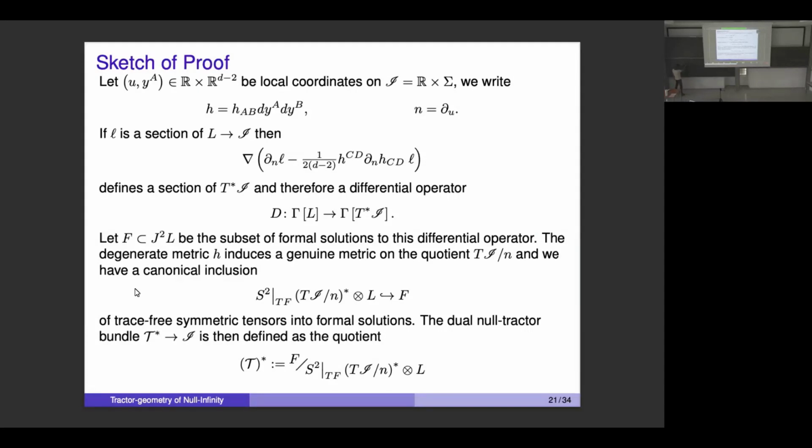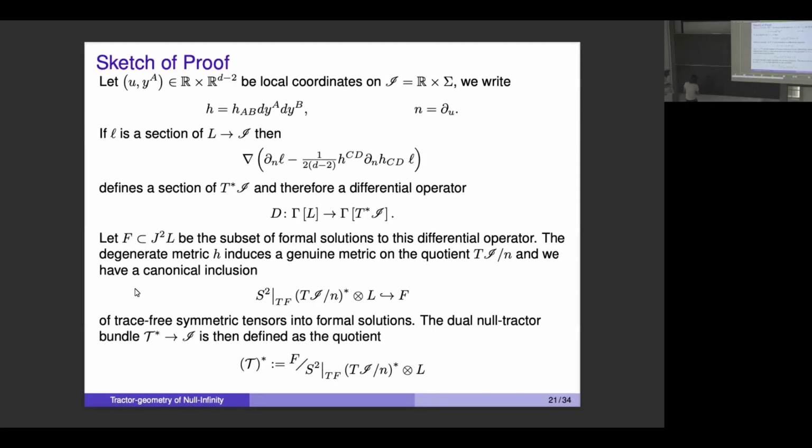So how many derivatives do you have? You have du du, du dA, and dA dB. Looking for a formal solution of this differential equation fixes this part of the second jet bundle, but this last part, dA dB, is free. Now, as always, there's an injection of the trace-free symmetric tensors into this solution space.